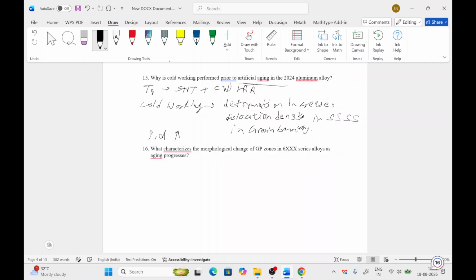So this provides heterogeneous nucleation sites for precipitates.